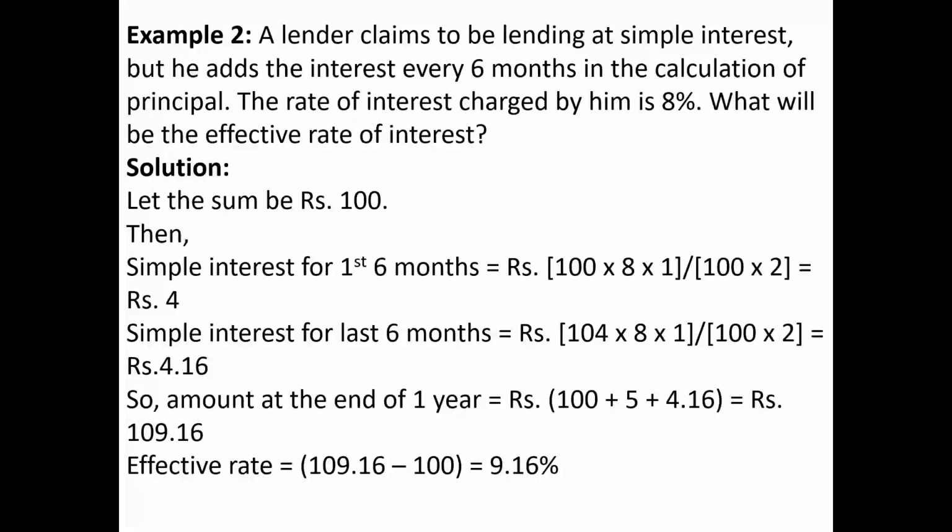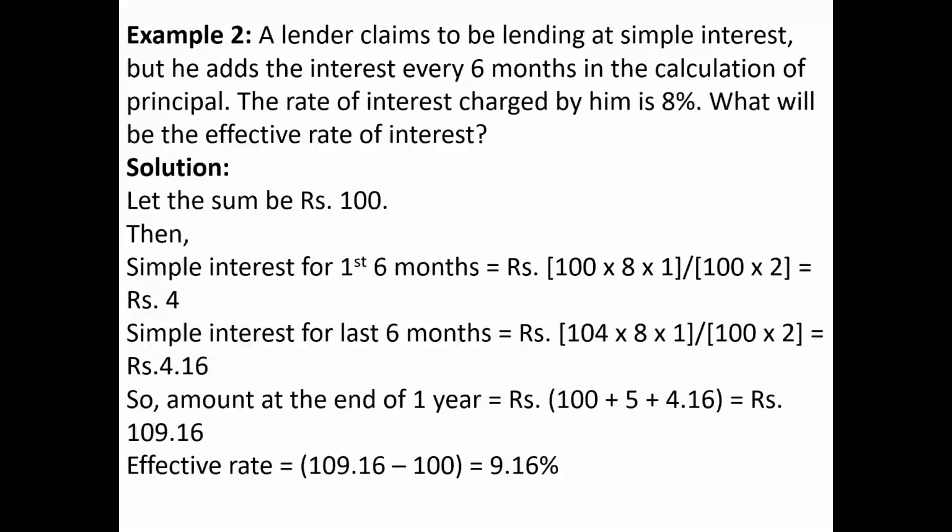Already I have discussed that, though I have taken 100 rupees, for the first 6 months the interest is 4, so after that it will become 104. That will be our principal amount. So after 6 months, 4 rupees will be your interest. For the next 6 months your principal amount will become 104, and the rate of interest remains the same, 8. The time will be the same, 1 into 100 into 2, so the interest will become 4.16.